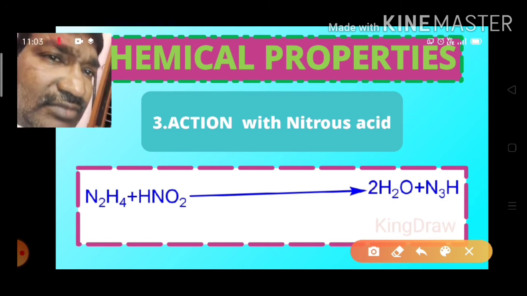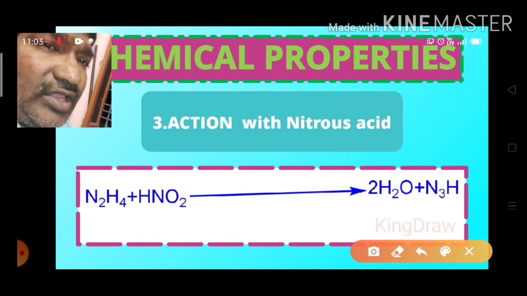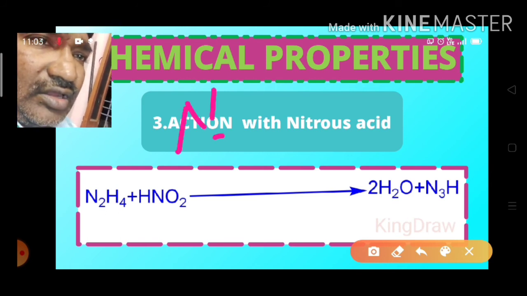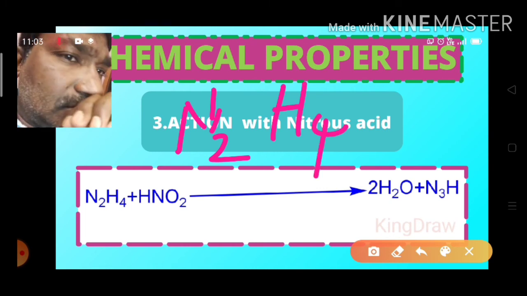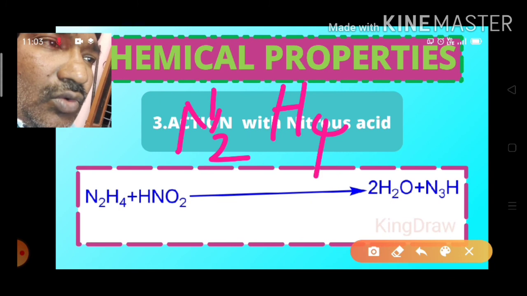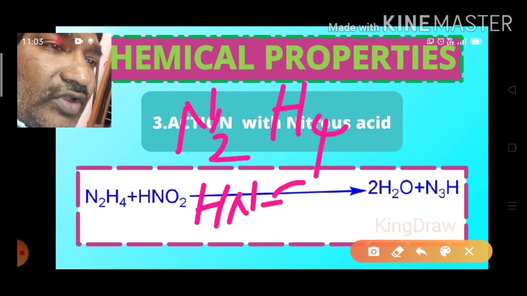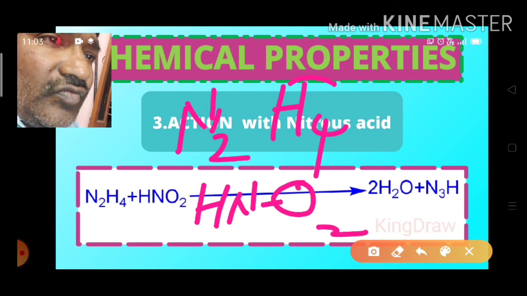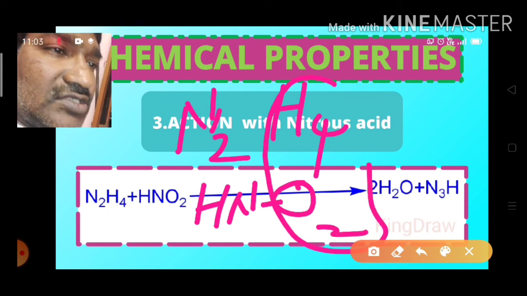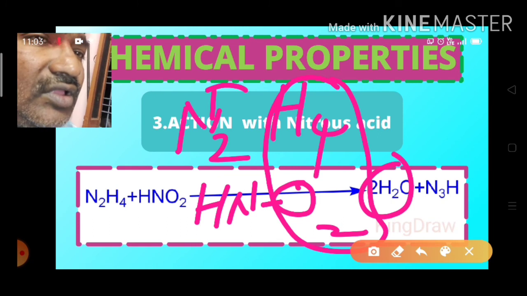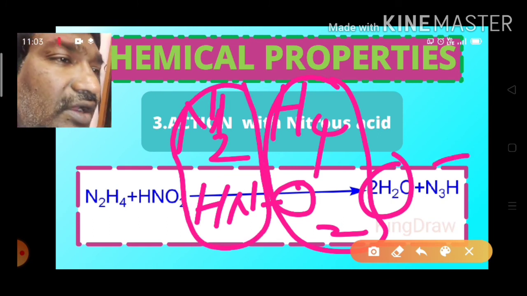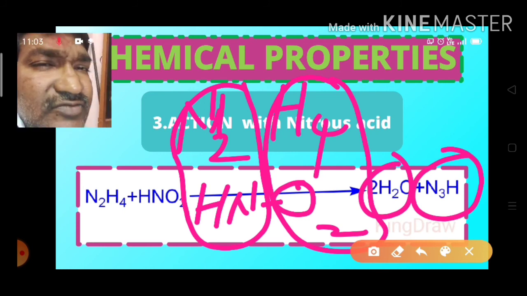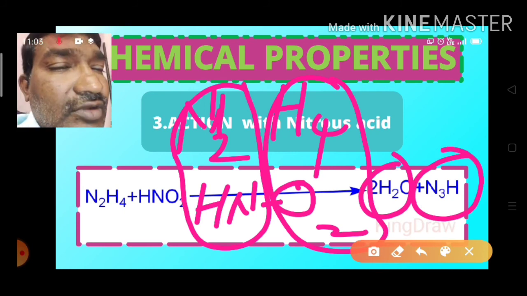We can simply write this reaction like this: N2H4 hydrazine plus HNO2 nitrous acid. For convenience we write like this. Look here, 4 hydrogens and 2 oxygens, we get 2 water molecules and one N2 and one NH, so we get hydrazoic acid. So this is a very easy equation to balance.